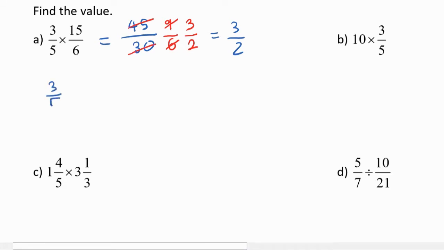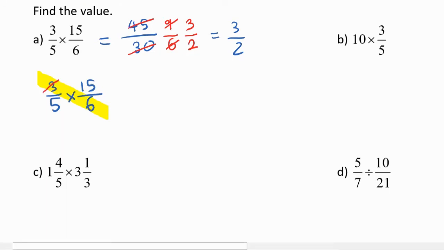So this is one way of solving it. Or we can use a shortcut method of solving this problem. We use diagonal simplification. So look at 3 and 6 and find the number that can divide both numbers. So 3 and 6 are divisible by 3.